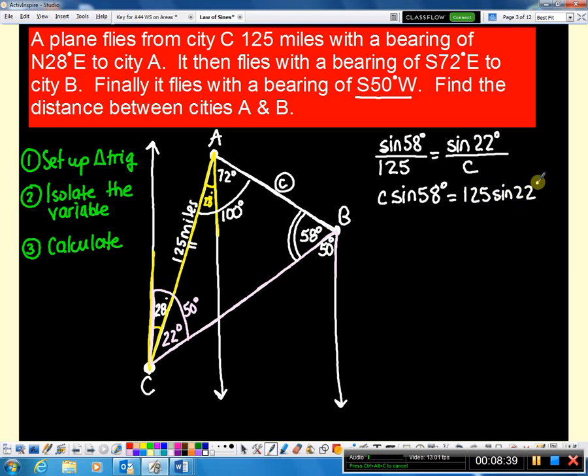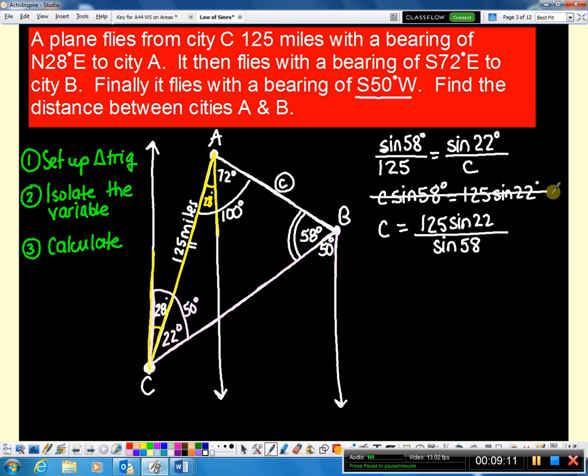And you don't have to carry the degree bubbles, by the way. You can drop the degree bubbles while you're doing the work. The other thing I wanted to say is if you can isolate c in 1 step, hey, that is A-okay. You could actually cut this step out if you wanted to, and that would be fine. In fact, I would recommend it. So now, when you go to your calculator, I need to check and make sure that my calculator is in degree mode.